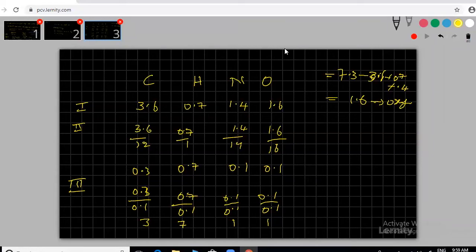Next concept, you can go to the mole concept directly, problem solving. If anyone is expecting one more question, you can try it, otherwise you can stop. Okay, one more question you can try, then you can stop.